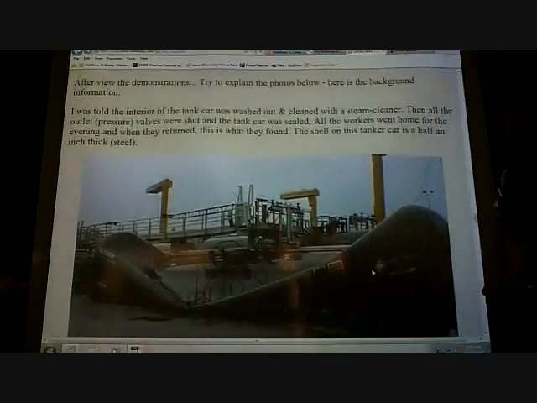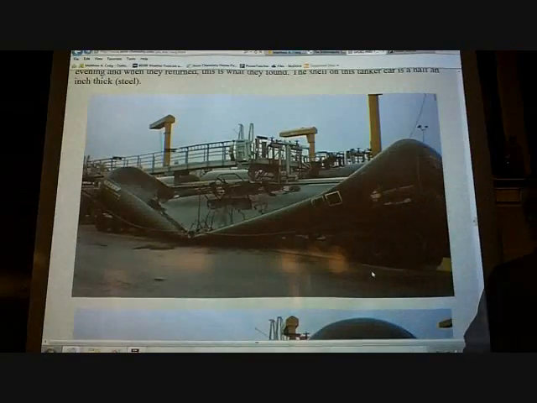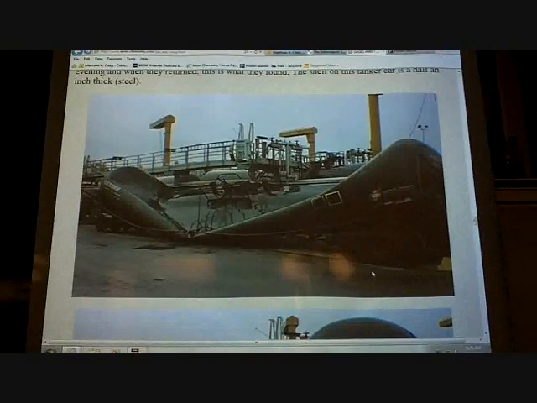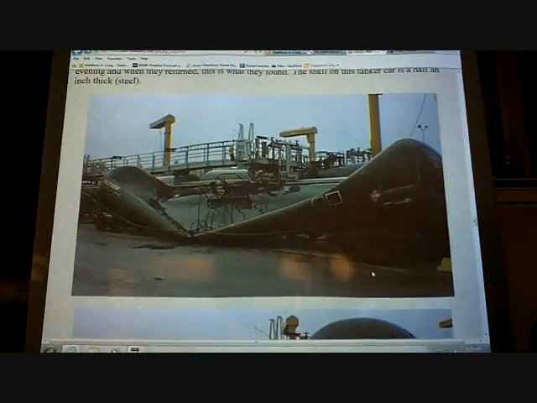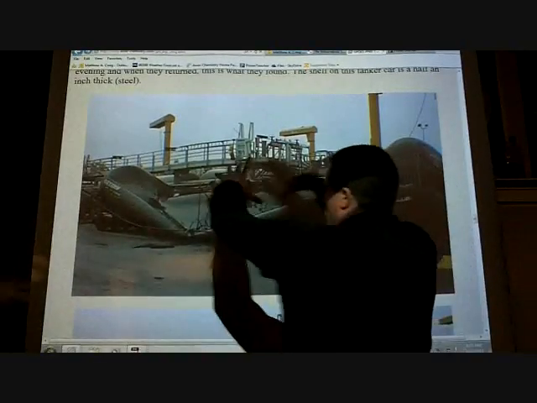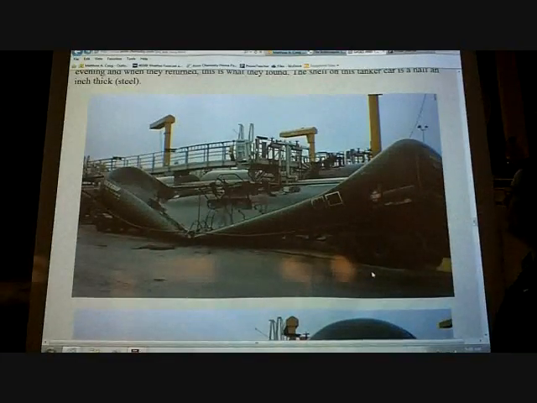And here's a nice picture. I know that you guys have black and white images in your notes. It's a railroad tanker car. They usually carry some type of liquid in there. I don't know what type of liquids they carry within it.